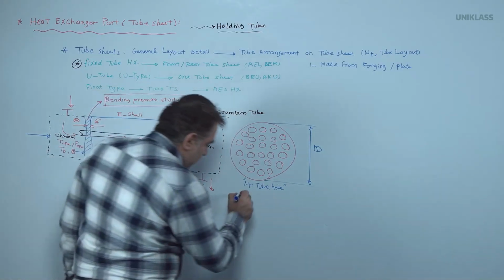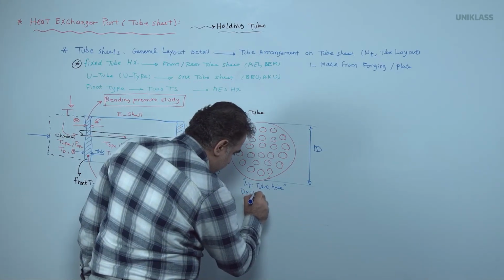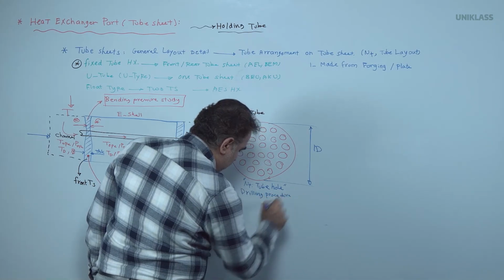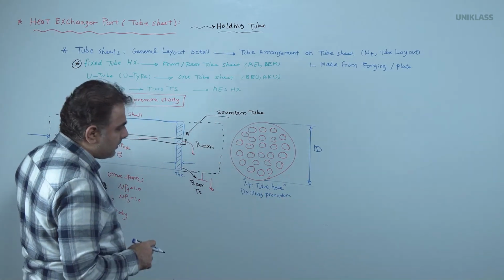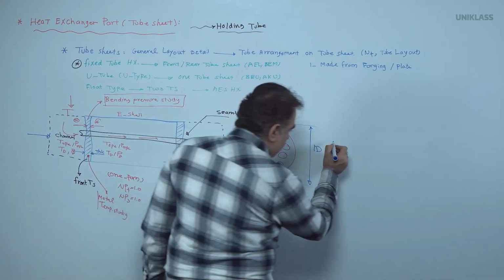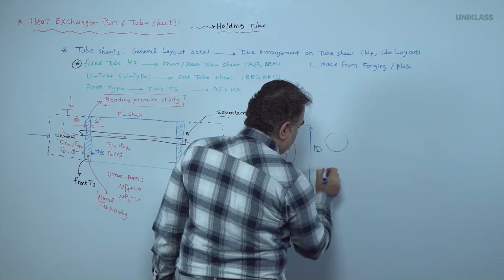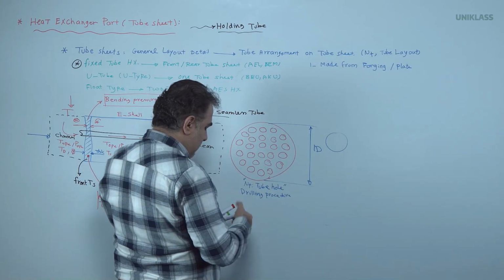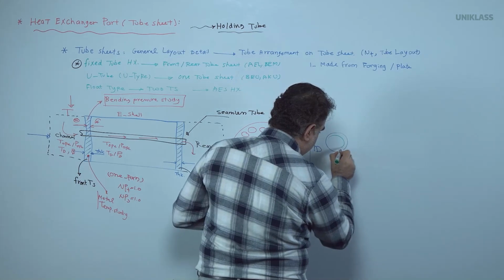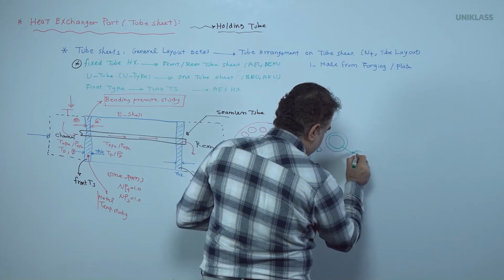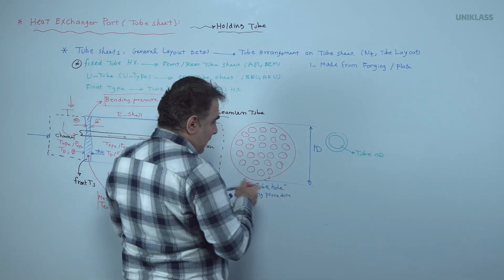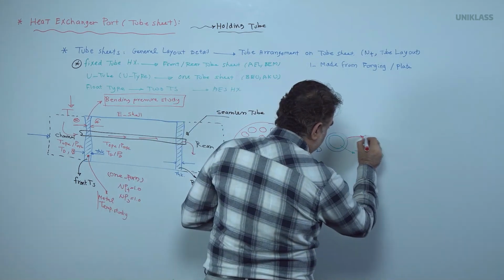Therefore, we need a drilling procedure to drill the heat exchanger plate or forged item and put the tubes inside. The bigger hole is the tube sheet hole, the smaller hole is the tube hole. This is the tube OD and this part is the tube sheet hole.